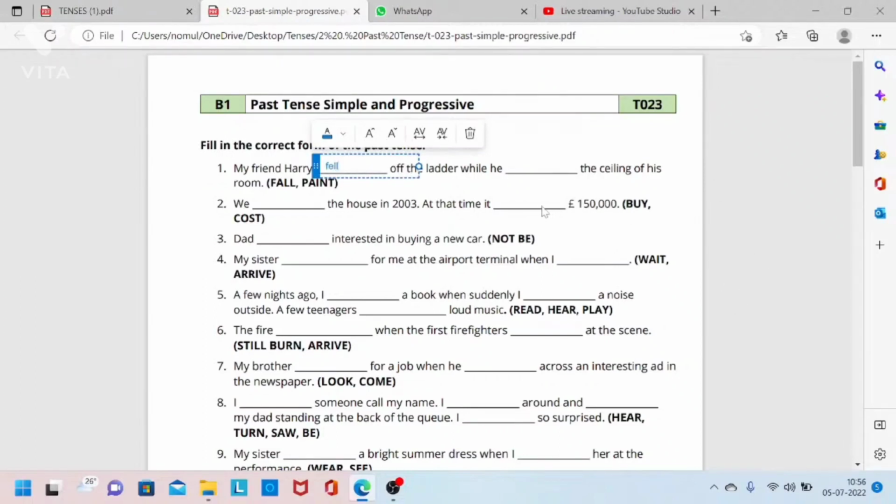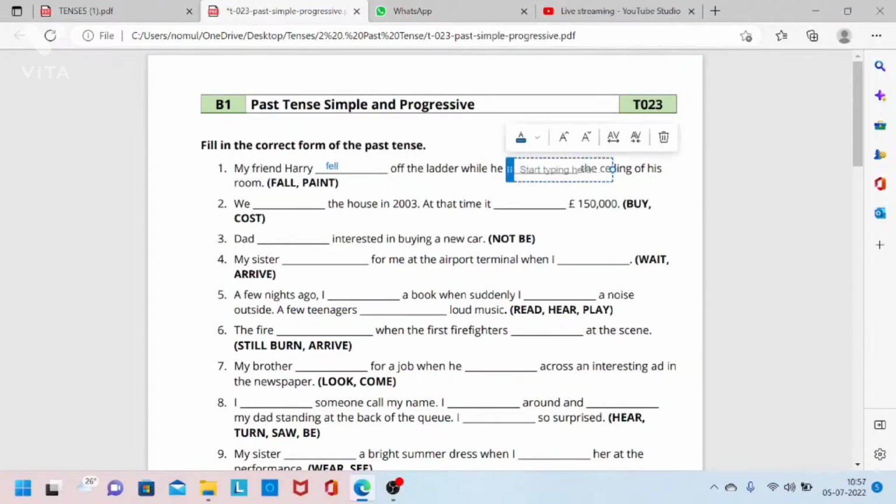And read the sentence now. My friend Harry fell off the ladder while he, what was he doing? He was painting, isn't it? So this is the answer. My friend Harry fell off the ladder while he was painting the ceiling of his room.